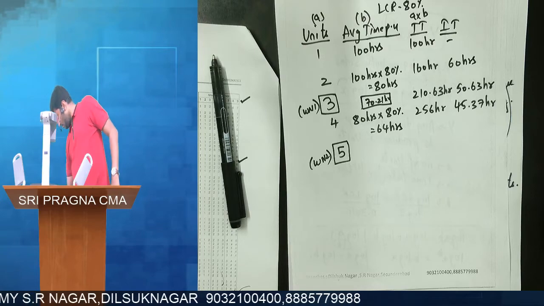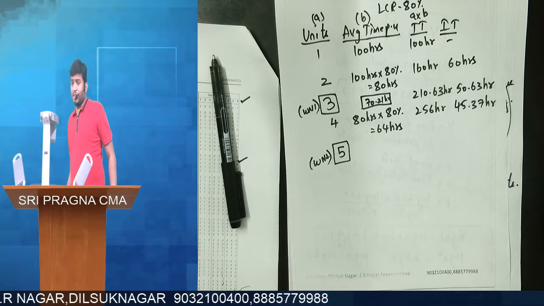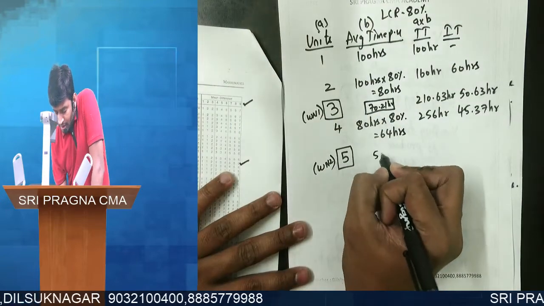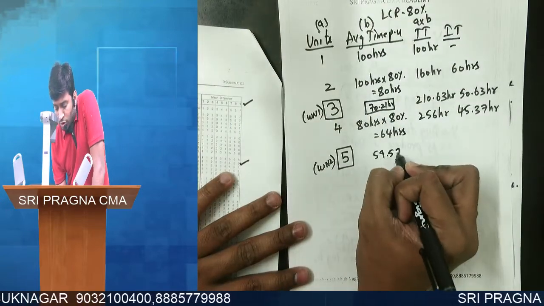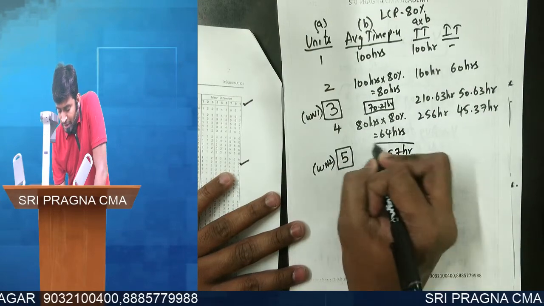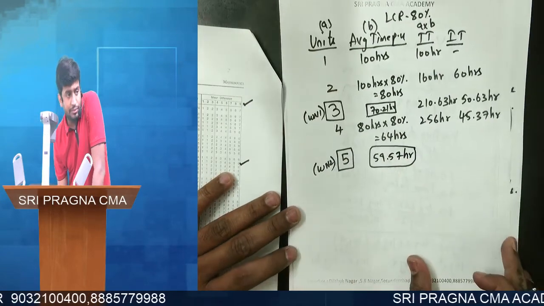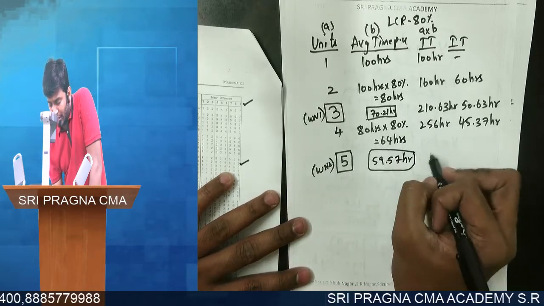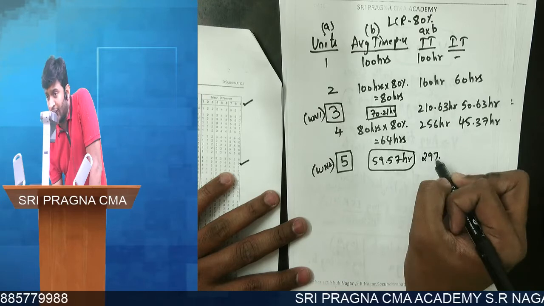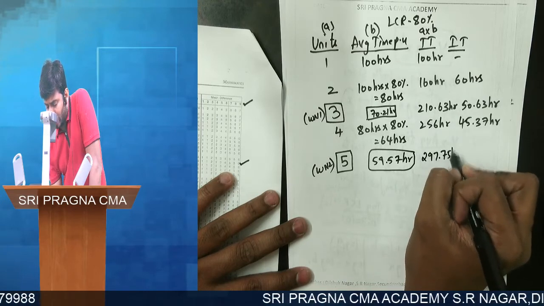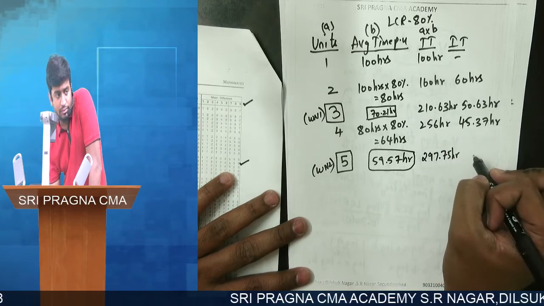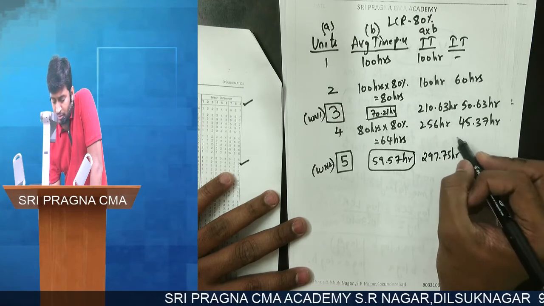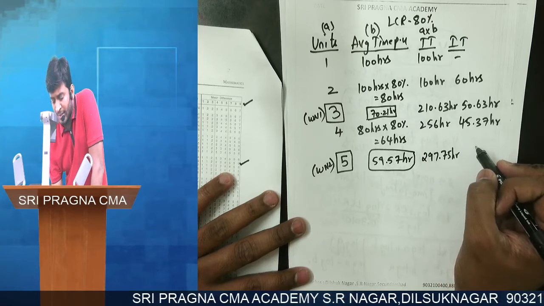That's 50, it's correct. 59.5 is correct. 59.55 or 57, anything is fine. Multiply. 297.75 incremental time. 41.75.